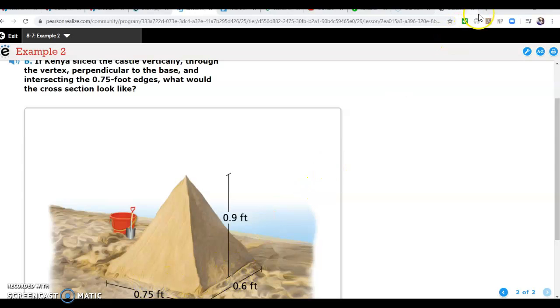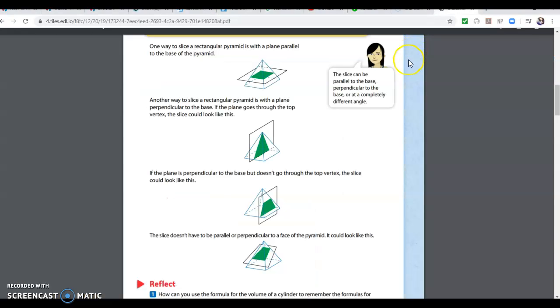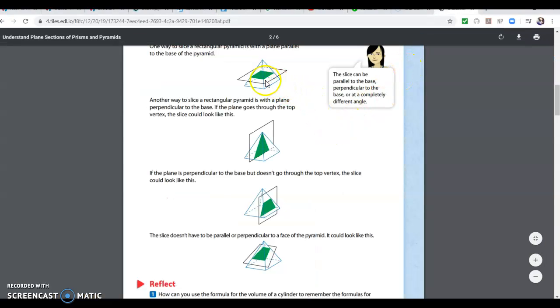I did a little searching. All I did was type in cross-section rectangular pyramid, and this really cool thing popped up. This one is a horizontal cross-section. This one is actually the one that we're looking for. It's a vertical slice straight through the vertex, hits the ground at a 90-degree angle, and it was cutting through this edge, and the green shape that it makes on the inside there is a triangle.